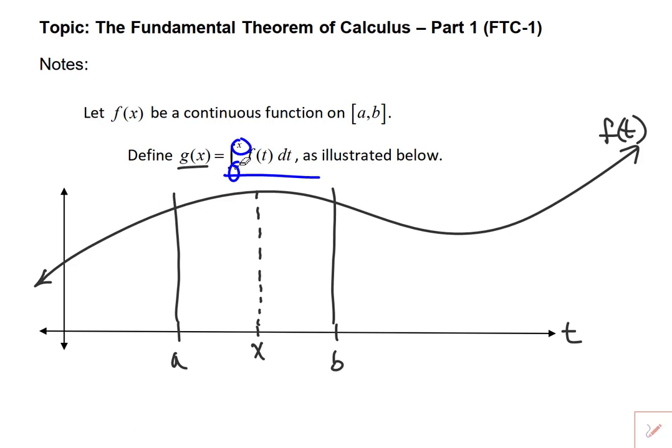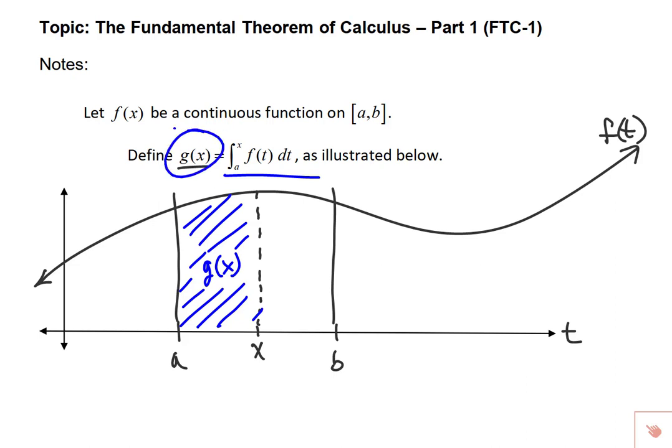Which means in this picture, g of x is really simply the area under the curve from a to x. I'll shade that in a blue color to help us understand, at least graphically, what this definite integral could represent. In other words, that's what g of x is or could be here.